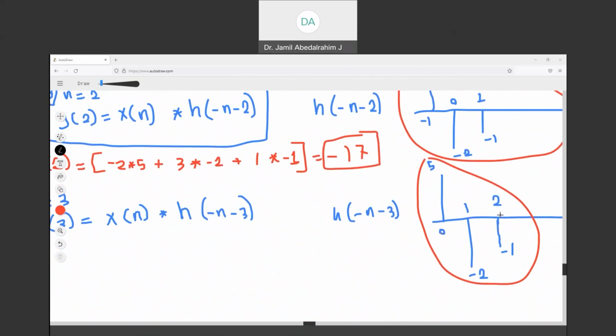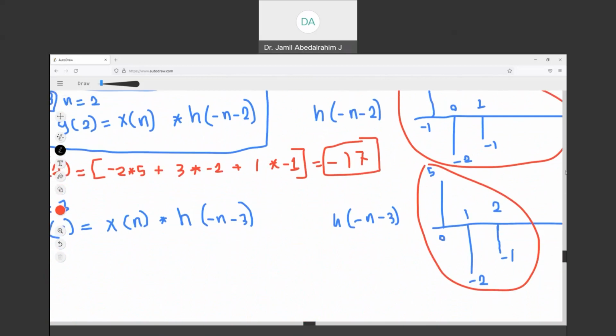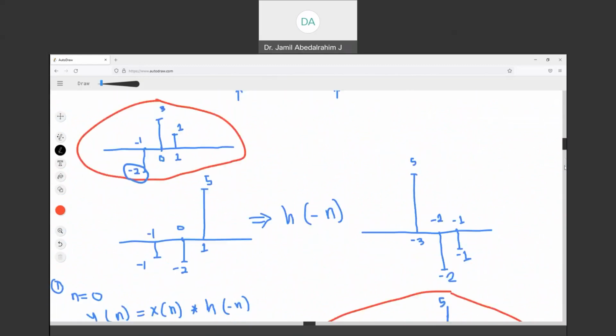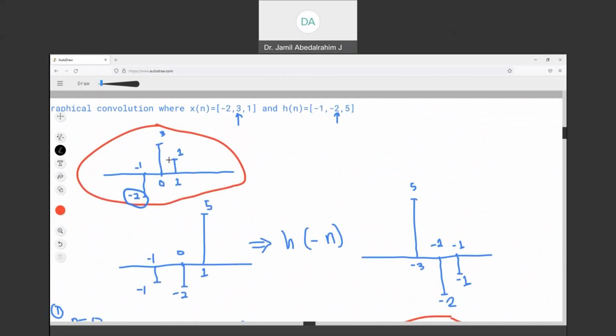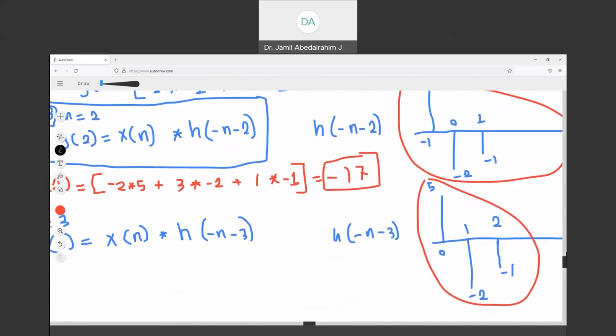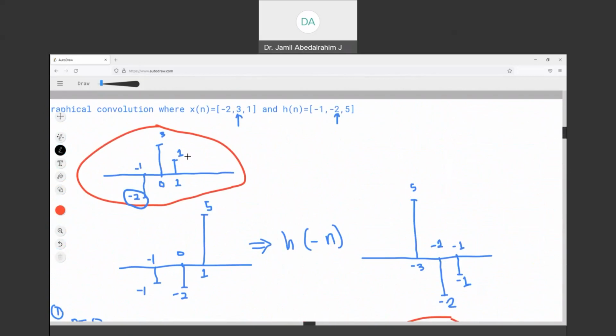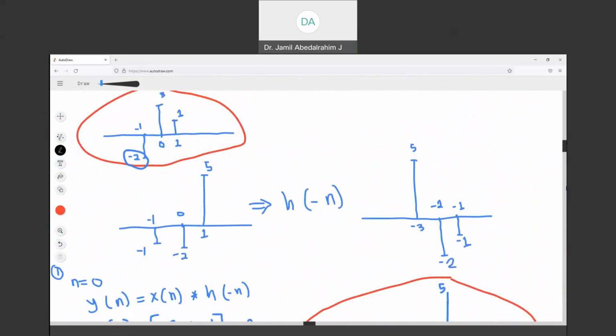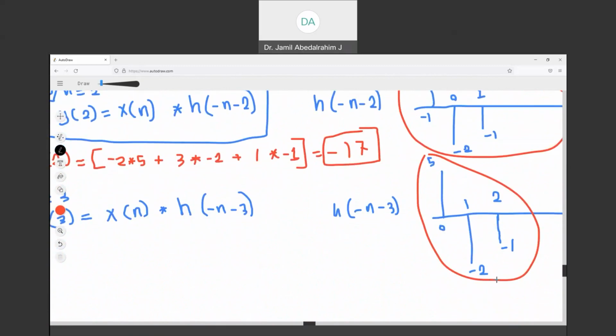Okay, and here also we have at 2, there is no 2. So only at 0 and 1 we have values. We will multiply them. 3 multiply by 5 and 1 multiply by 1 at 1 multiply by negative 2.